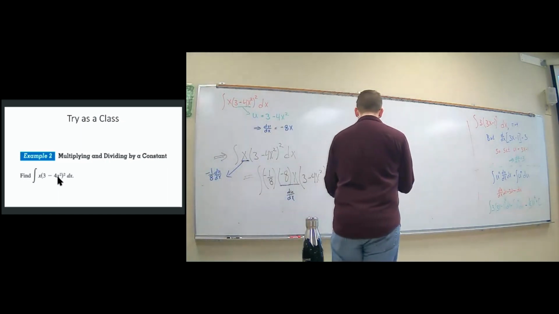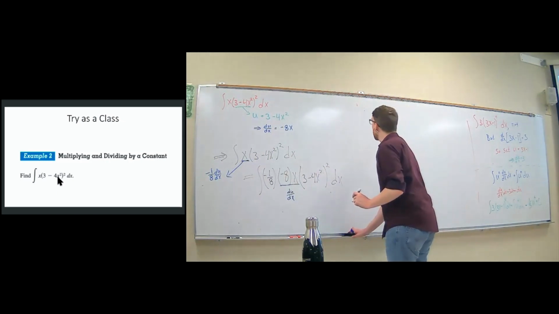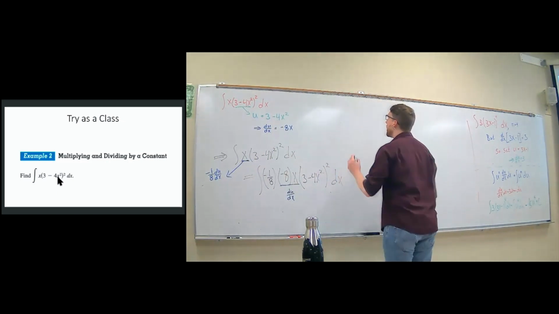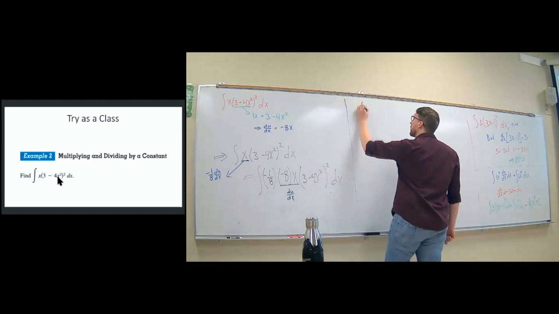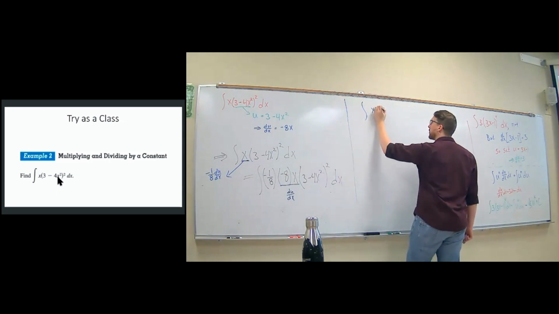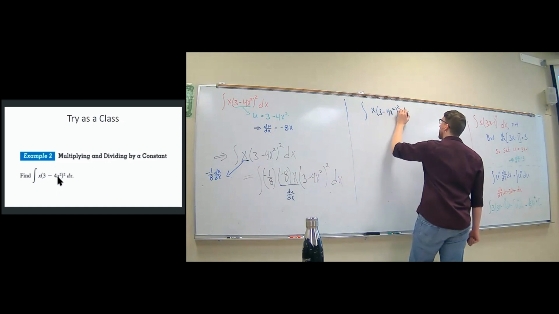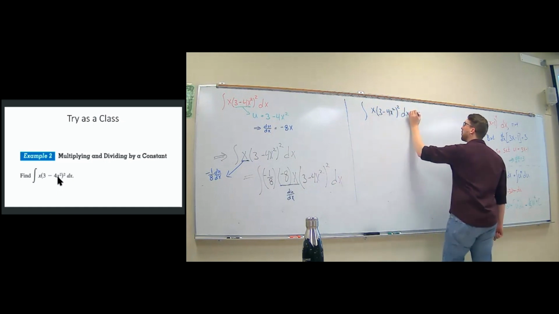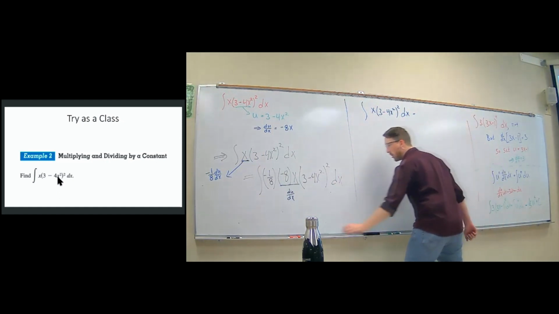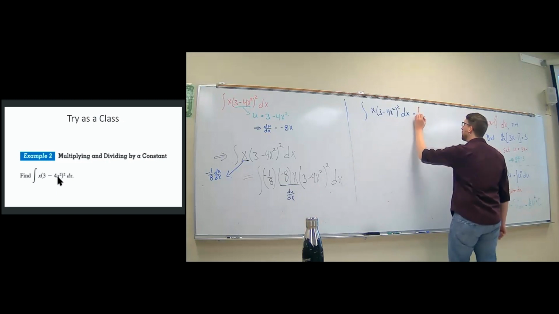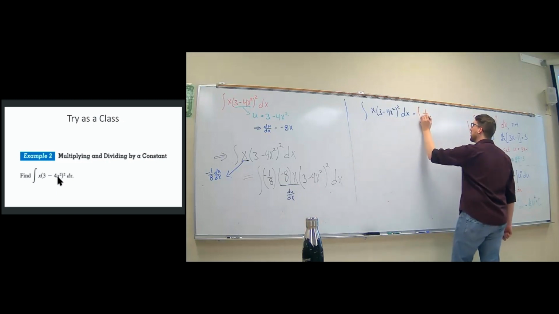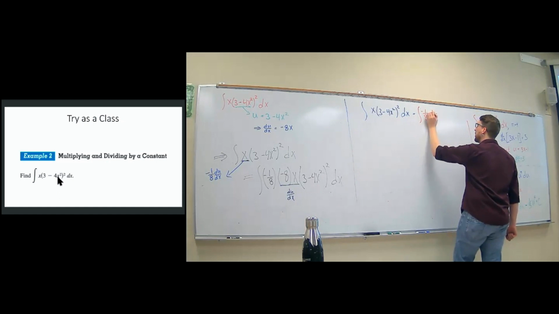So all this together tells us that the integration of x times the quantity (3 minus 4x squared) squared dx can be rewritten as the integral of the negative 1/8 times du dx, u squared dx.